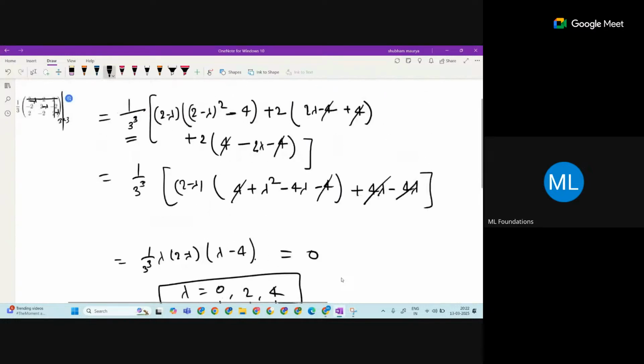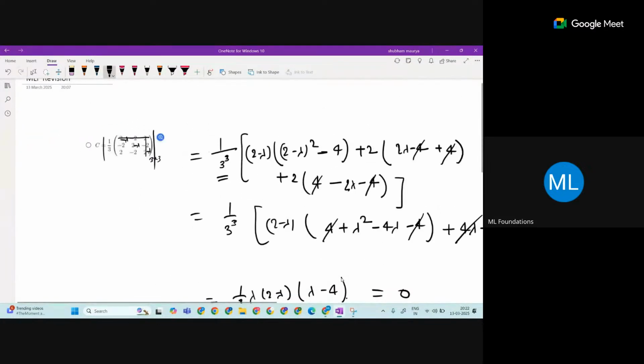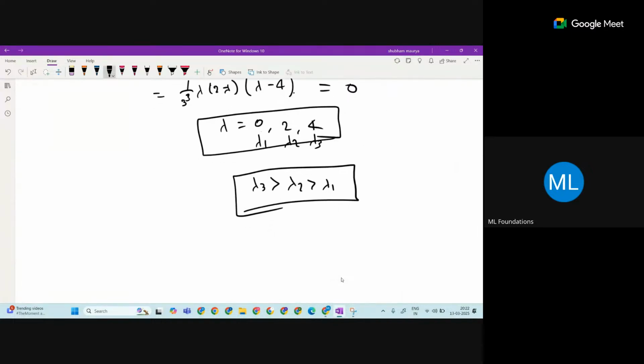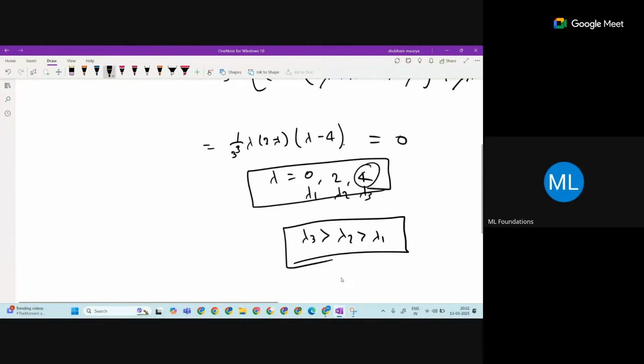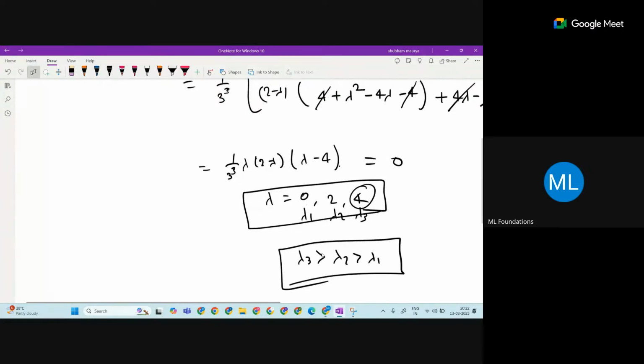So the eigenvector now we should find. For 4 we'll get it. So that is going to be the principal component, principal direction, the eigenvector corresponding to the highest eigenvalue.